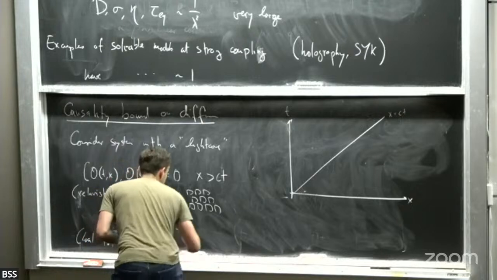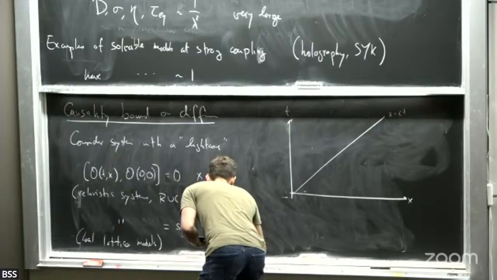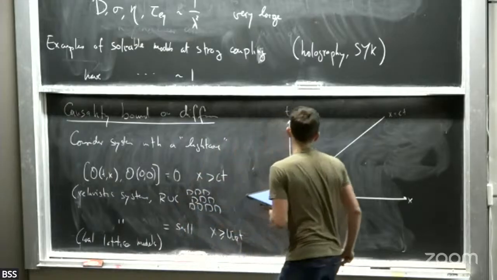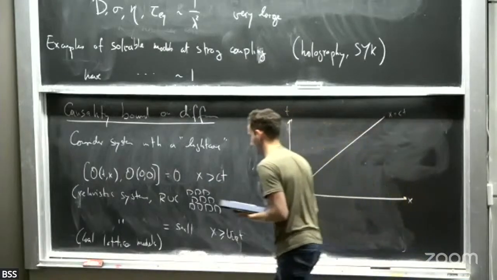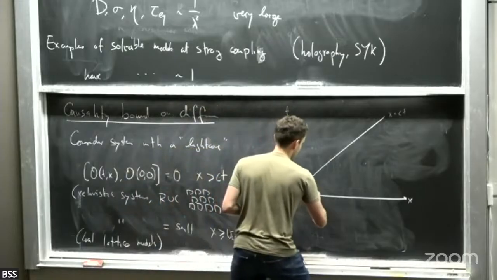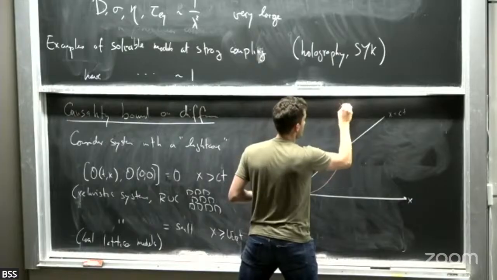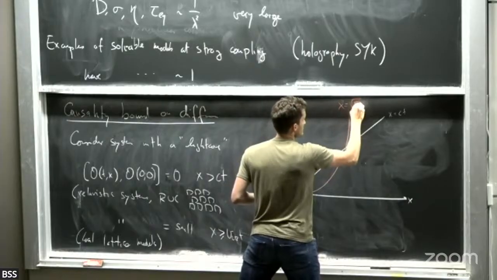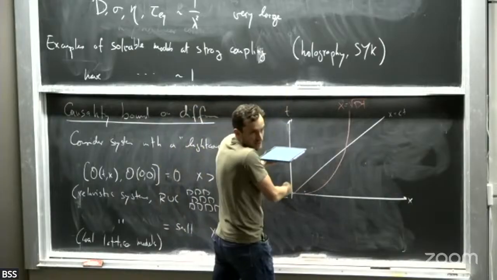Okay, so it's not a crazy constraint to have. What's interesting about this constraint is that it seems to be blatantly violated by diffusion, because diffusion spreads like this. At very late times, diffusion is very slow, but at early times, it's faster than any light cone.